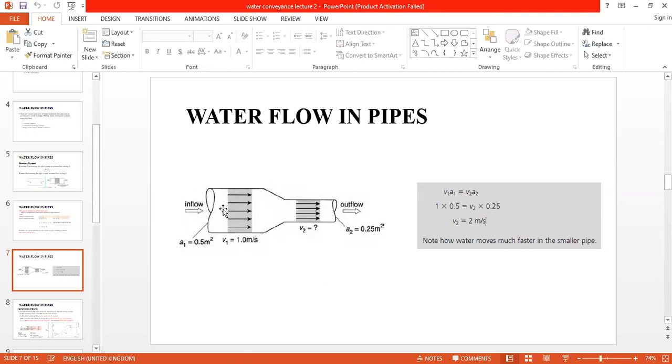So if we look at the continuity equation itself, it says discharge at point 1 is equal to the discharge at point 2.